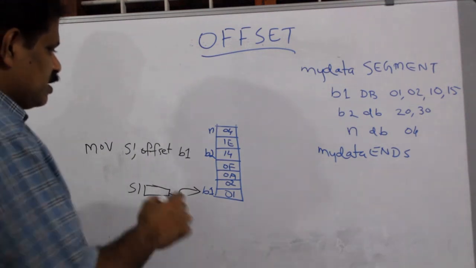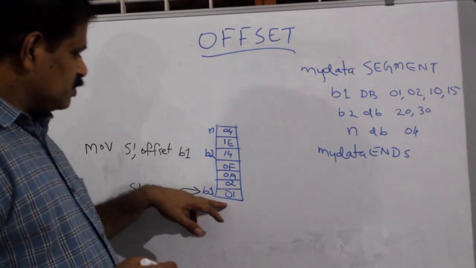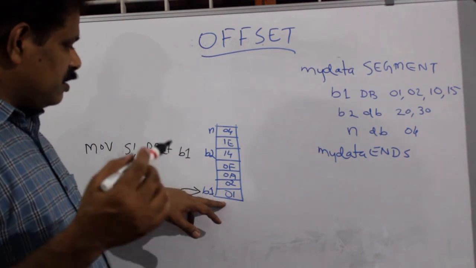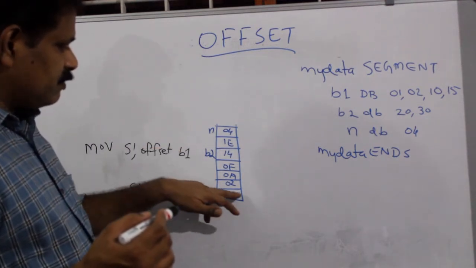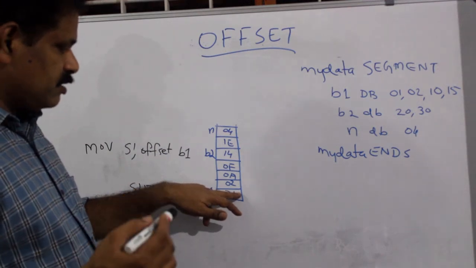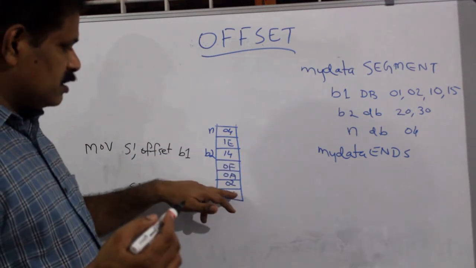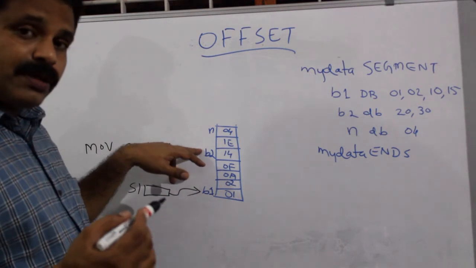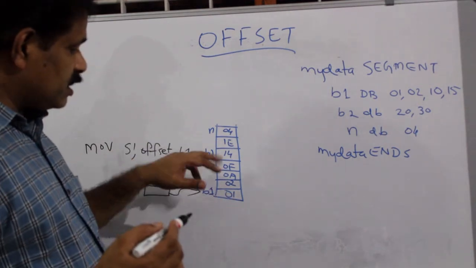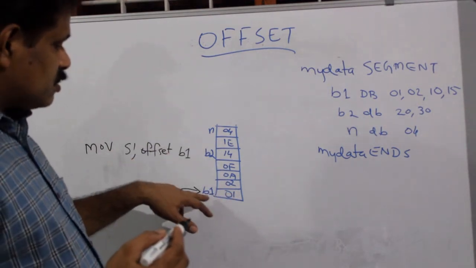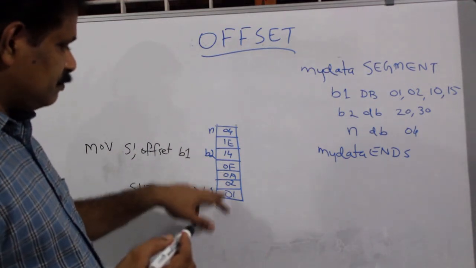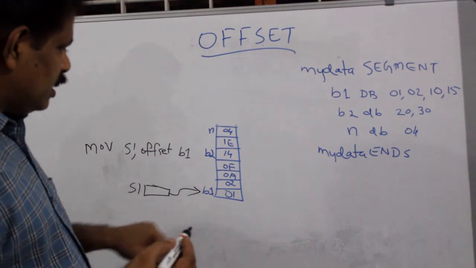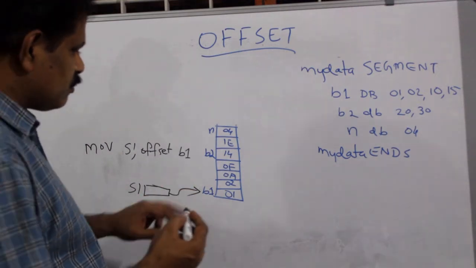See, offset is nothing but a displacement. It is the distance to that variable from the first byte of the data segment. Since B1 uses the first byte of this data segment, its displacement is 0.